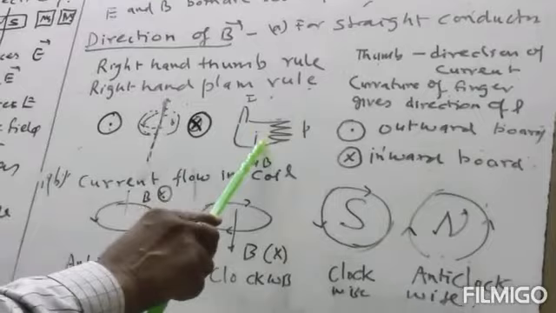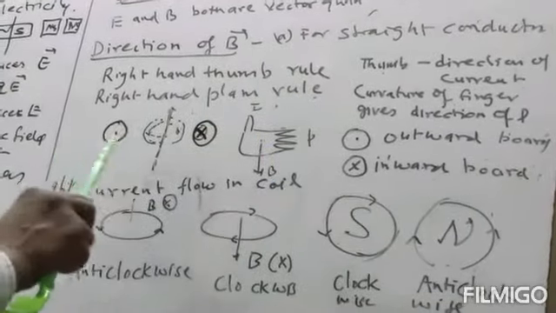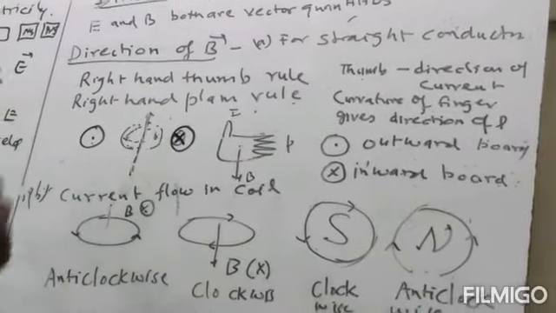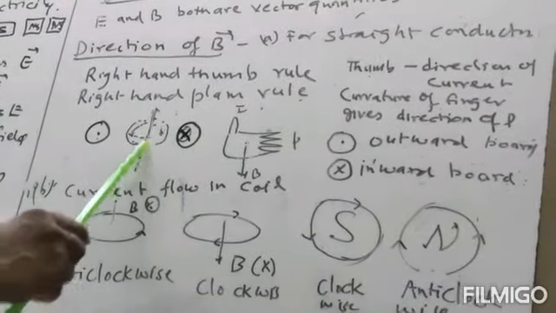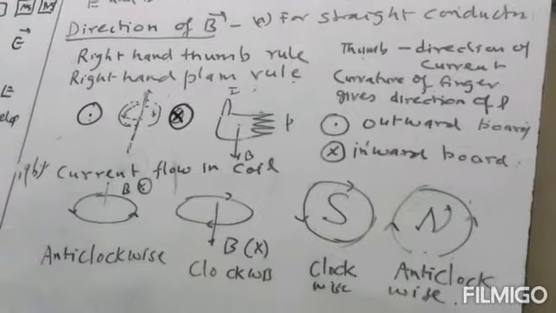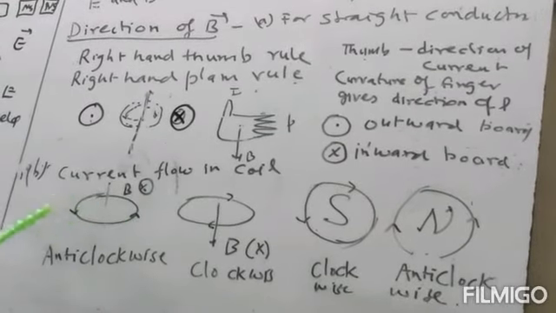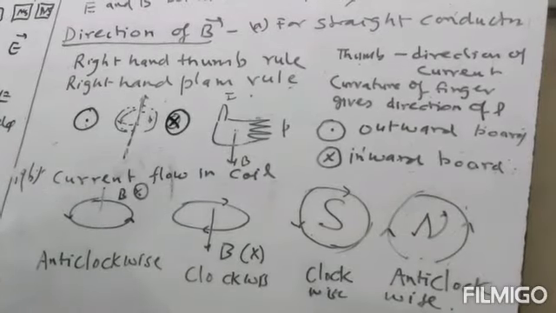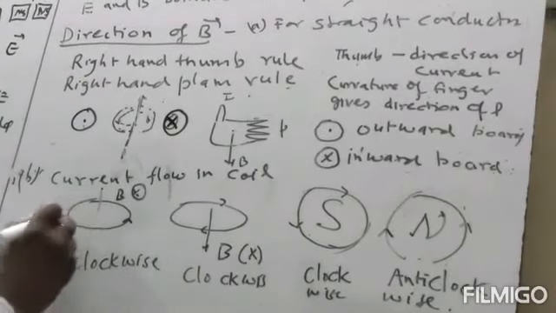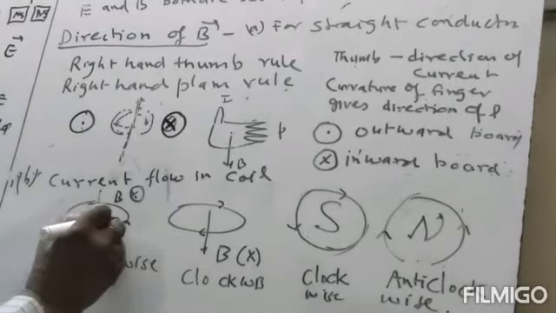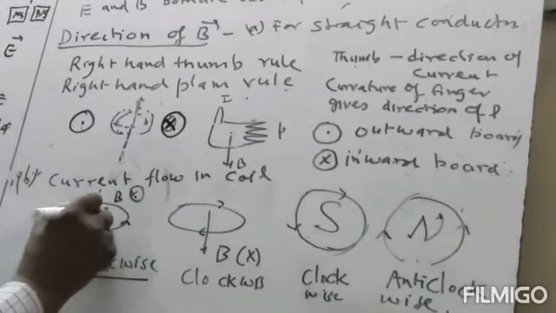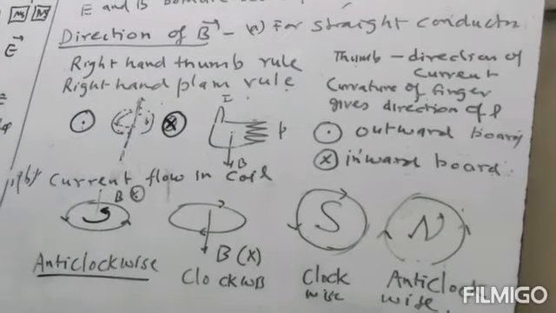Now if the conductor is not a straight line and the current is in the form of a ring, suppose this is a ring and the current is passing anti-clockwise.